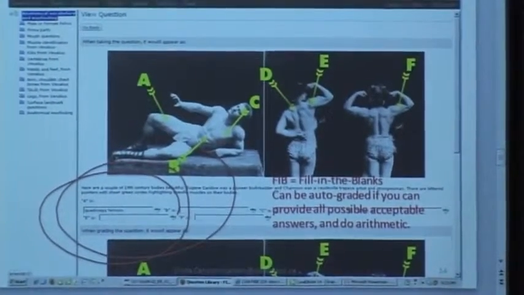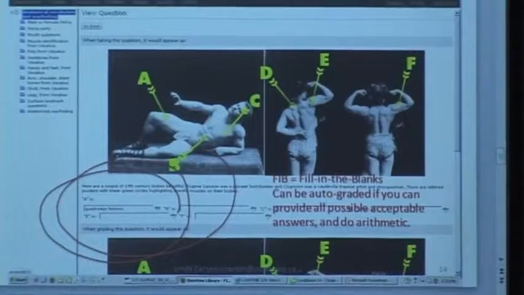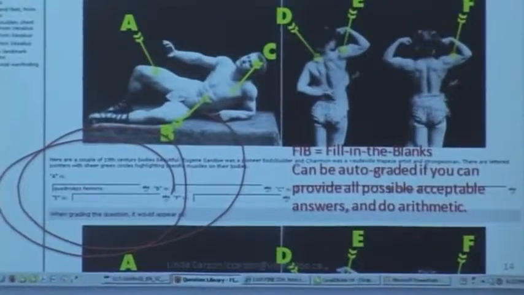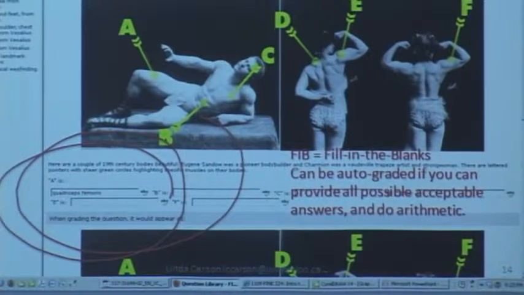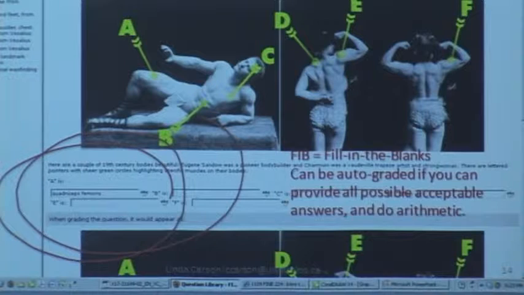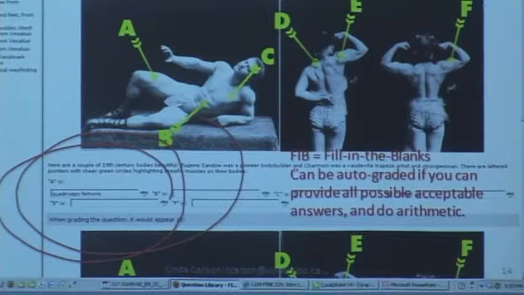Because there's no way to give enough possible spellings of quadriceps femoris to account for what happens when 26 fine art students attempt to spell. So it can be auto-graded if and only if you really can provide all possible acceptable answers, and there's a silly bit of arithmetic that you also have to do.